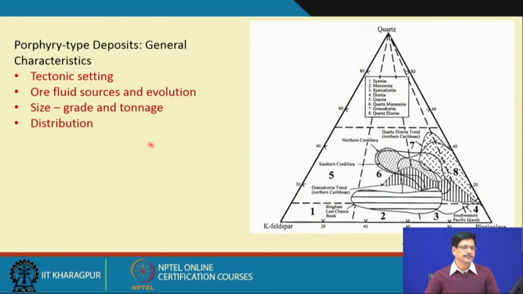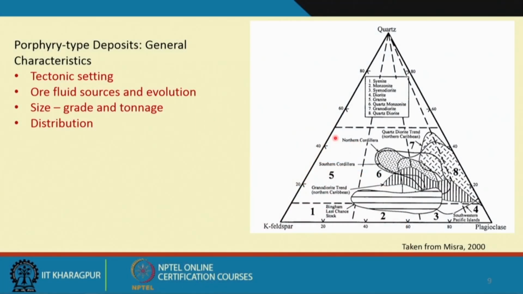They have a very interesting specificity on the type of rocks they are associated with, which can be explained on this triangular diagram, where you can see they are present in diverse felsic compositions like quartz diorite, granodiorite, quartz monzonite, granite, diorite, even going up to syenite monzonite type of composition, coming from different regions.